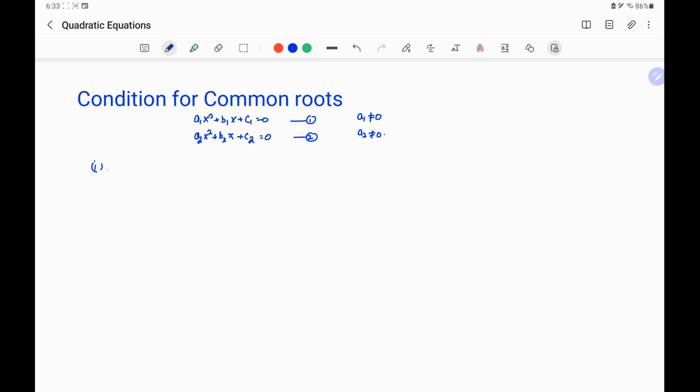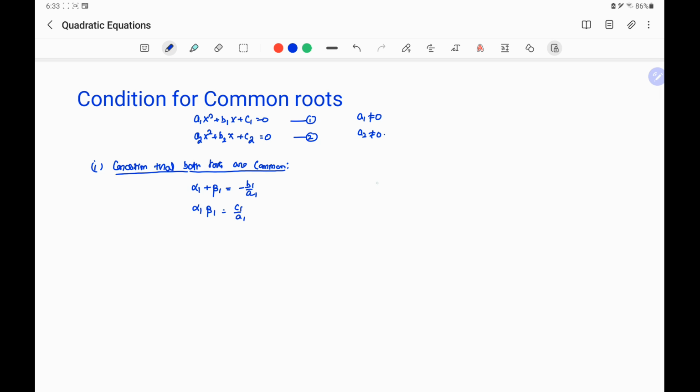Then first we will find the condition that both roots are common in these two quadratic equations. If both roots are common, then the roots are alpha 1 and beta 1 for equation 1, and their sum is minus b1 by a1, and their product is alpha 1 beta 1 equal to c1 by a1.